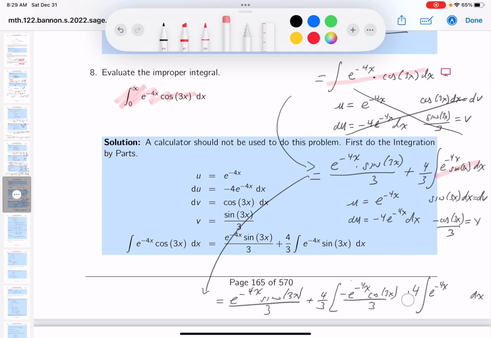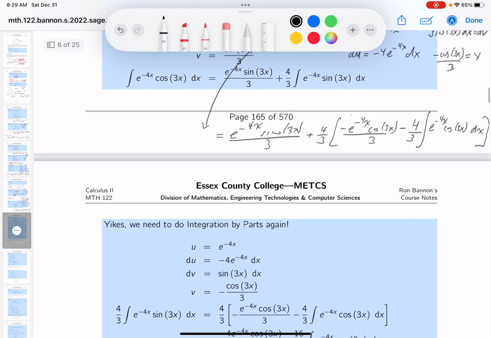So I can erase this again, put the minus down, put the 3 over here, and you get cosine of 3x. Put little parentheses over there. All right, I got troubles over here. I have a lot of things to simplify over here, but let me write that down for you.